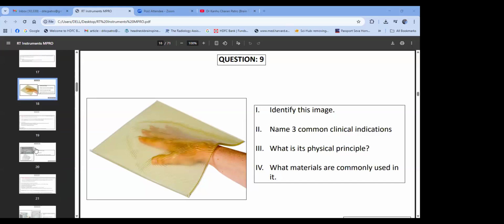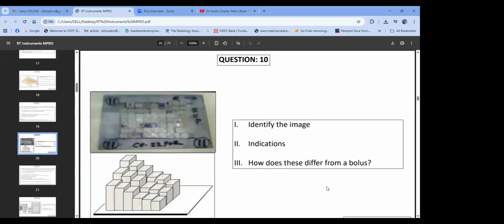Okay. So coming to the next question, identify the image and what are the indications where this device is used, and how does this differ from a bolus? So this is a tissue compensator. Tissue compensator is a beam modifying device that achieves a uniform distribution across the target, which has an irregular surface or varying tissue thickness.